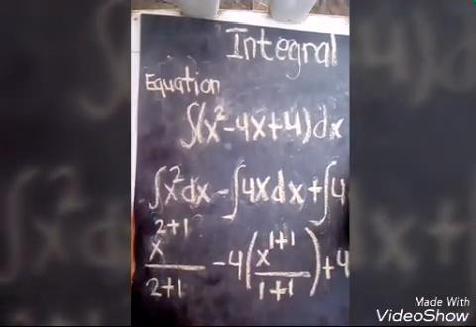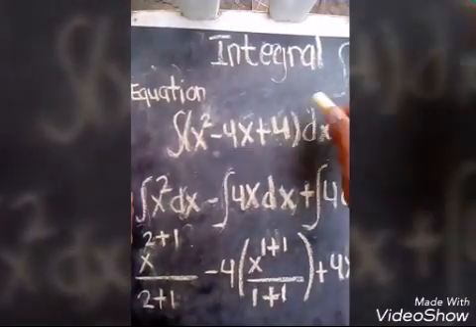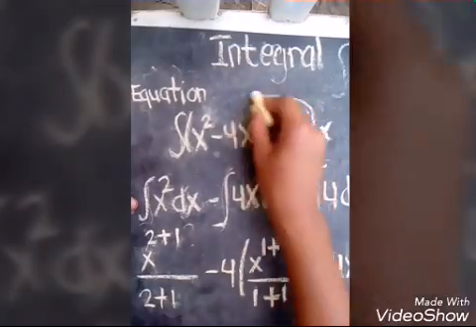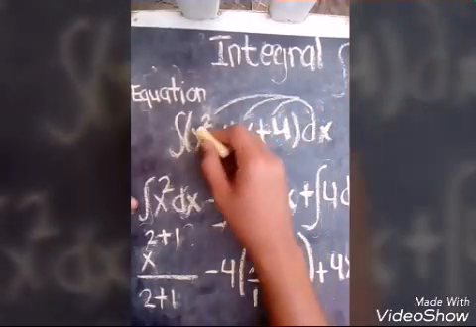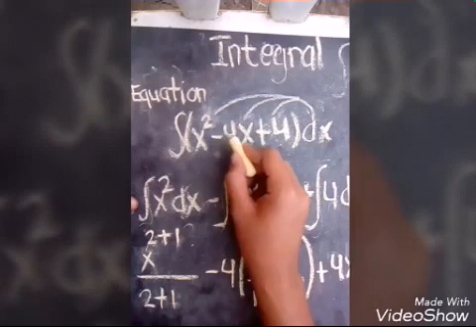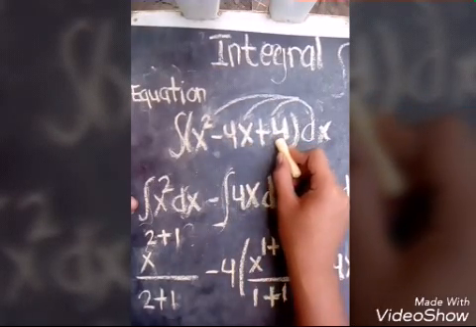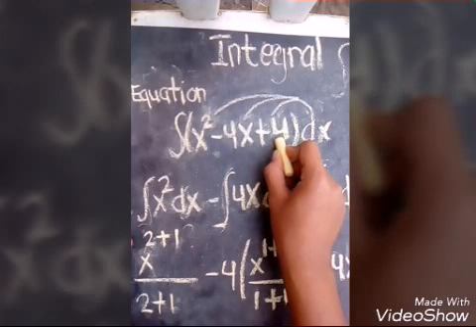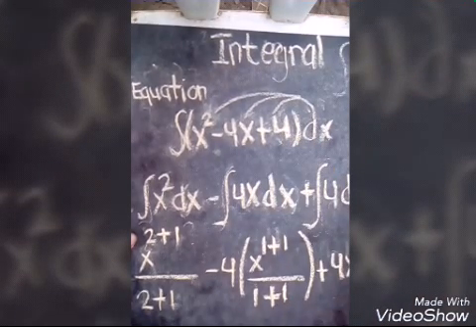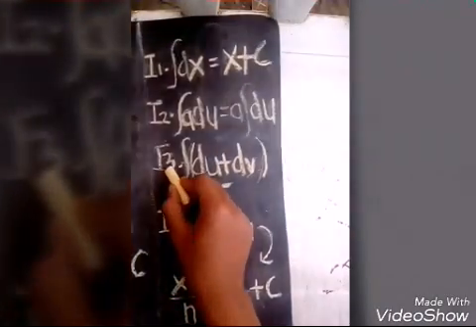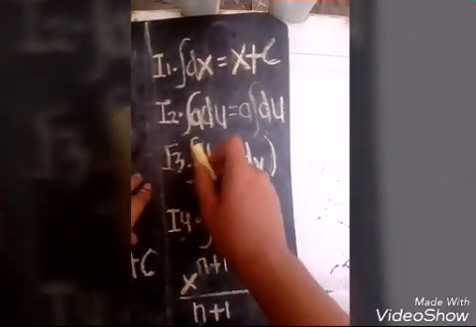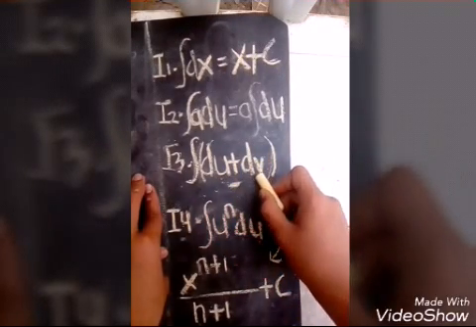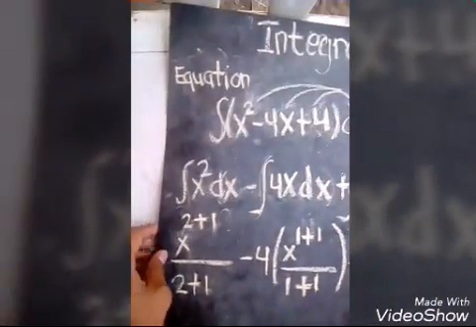So before we find the integral of this equation, we need to distribute dx in each term: dx on x squared, negative 4x, and positive 4. So we use the integral rule for sums and differences, integral of u plus or minus v, which would look like this.